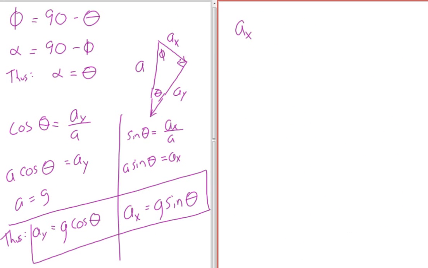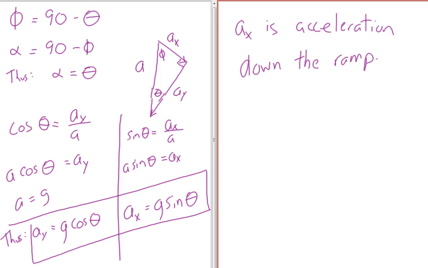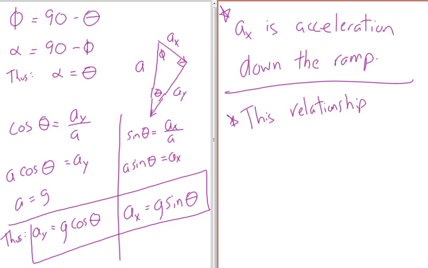So to wrap things up here, ax is the acceleration down the ramp. Now this is, like I said, a very important concept. This formula, a equals g sine theta, is implied in every single ramp problem.